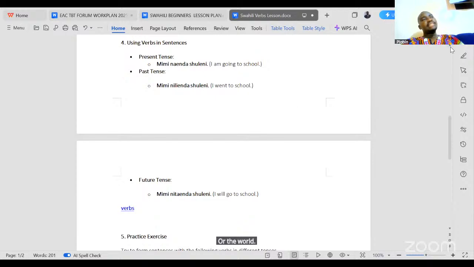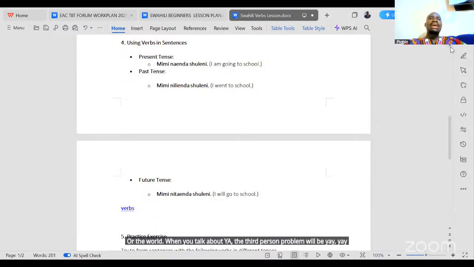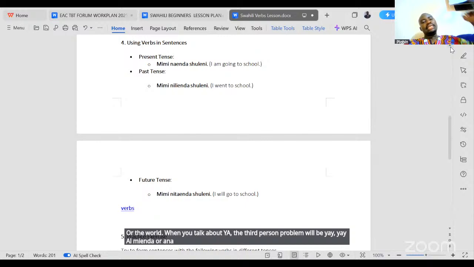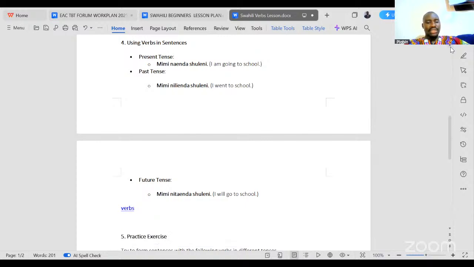When you talk about yeye, the third person pronoun, it will be yeye anaenda shuleni, yeye alienda shuleni, or yeye ataenda shuleni. When I make it plural, I will say sisi tunaenda shuleni, or sisi tulienda shuleni, which is we went to school, or sisi tutaenda shuleni, which means we will go to school.